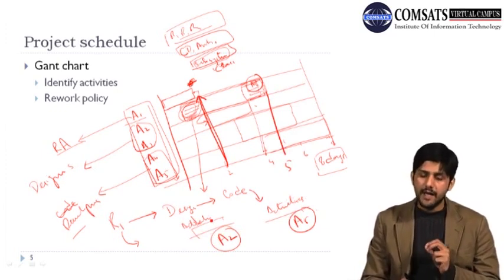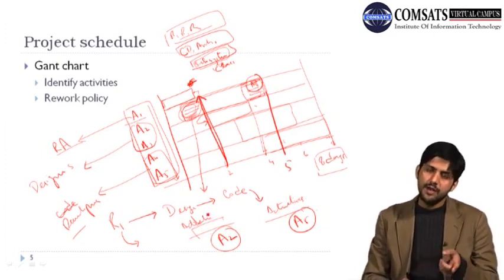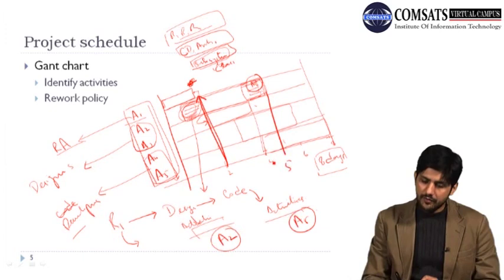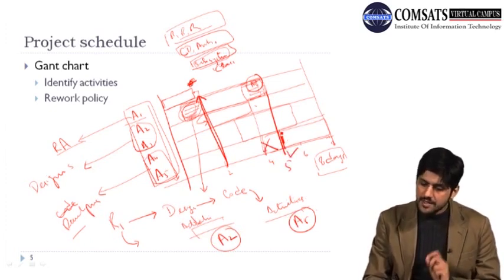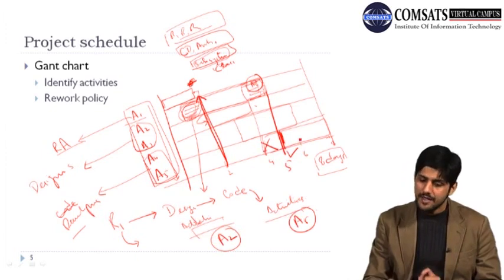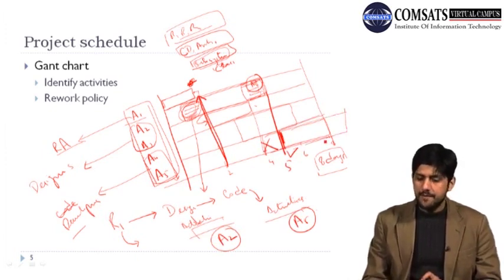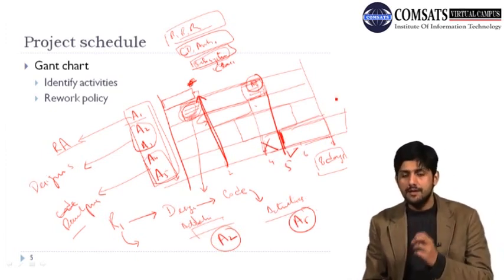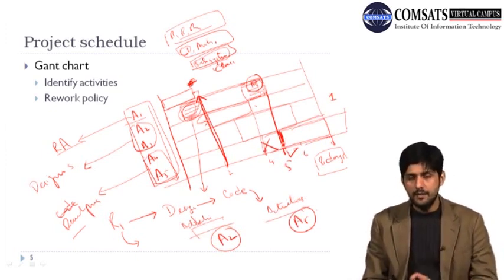And because we know that activity 5 also depended on activity 2, which was starting on day 4, now it is going to start on day 5. So this activity cannot start here, it is going to start on day 5 here. When it starts here, and we knew it was taking 4 days, it is going to take until day 9. Now the project is delayed by 1 day.